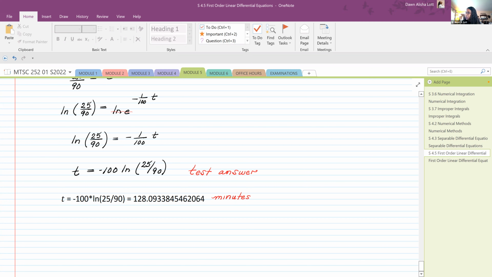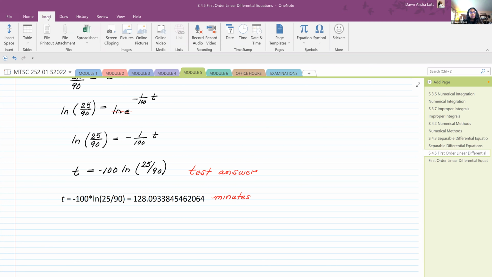So if I take that 128, this big, huge number, which on the homework, it would ask you to round to the nearest number, so you would say 128. But if I take this and divide by 60, that gives me a little over 2 hours.